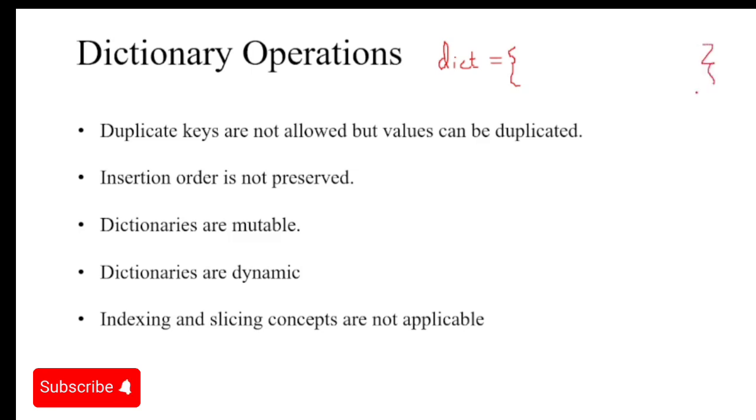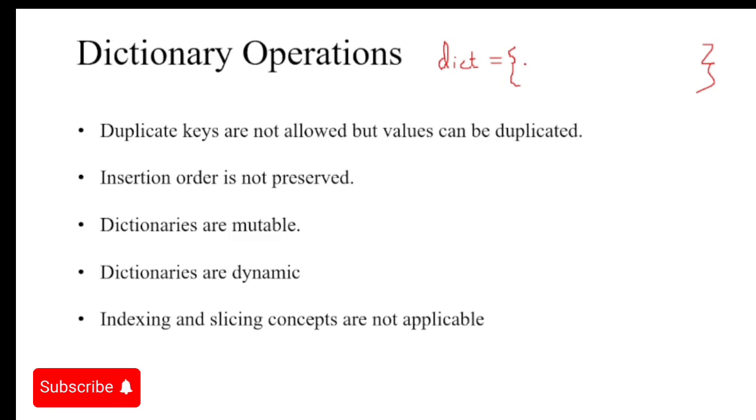Inside these curly braces is where we define our keys and the values. For example, I'm trying to define student marks, so I will have the student names and then the marks.